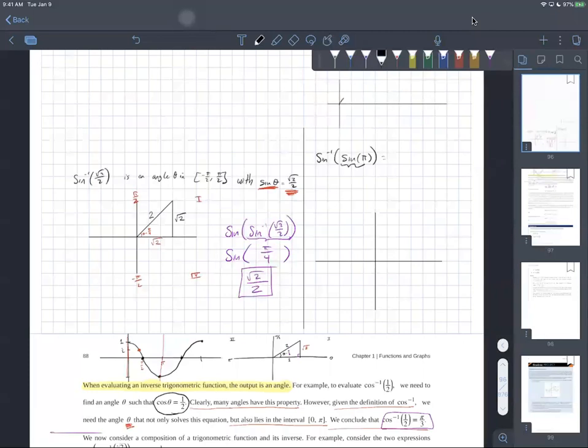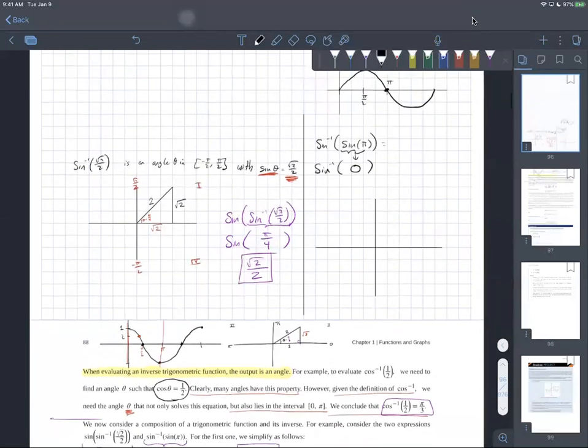Here's a rough sketch of the graph of sine. It starts at 0. At pi over 2, we have 1. At pi, we are back down at 0. So the sine of pi is 0. Then this becomes the sine inverse of 0.